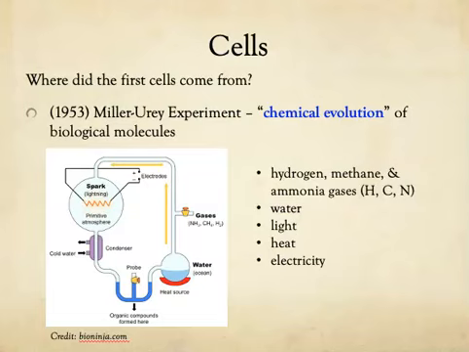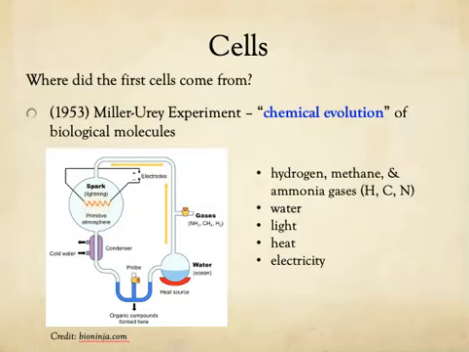Now, an interesting question that has been asked throughout history is the question of where cells came from. Where did the original cellular life form come from on the planet? And scientists have been researching this question for decades, if not centuries.